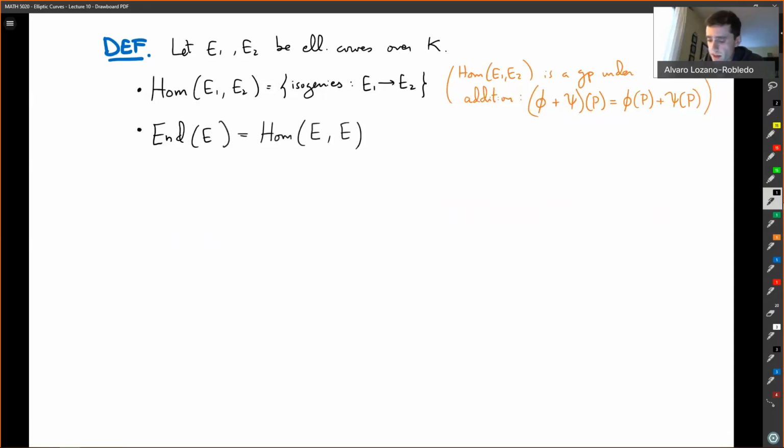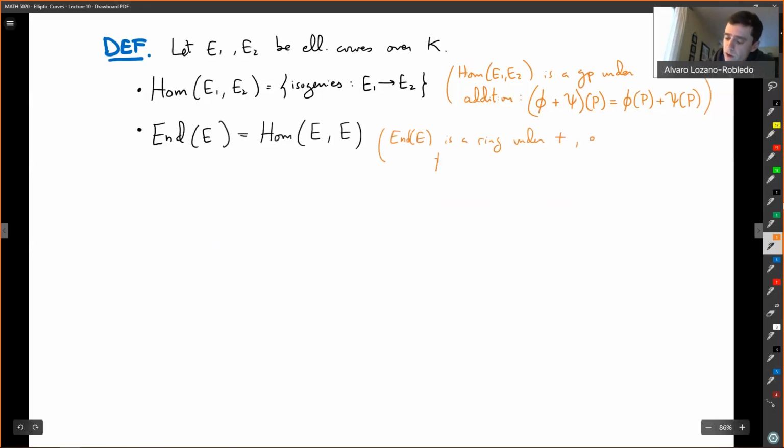In this case, End of E is a ring under addition, like all homs, and composition, where phi times psi of P is going to be the composition of phi and psi. So first apply psi, then apply phi.